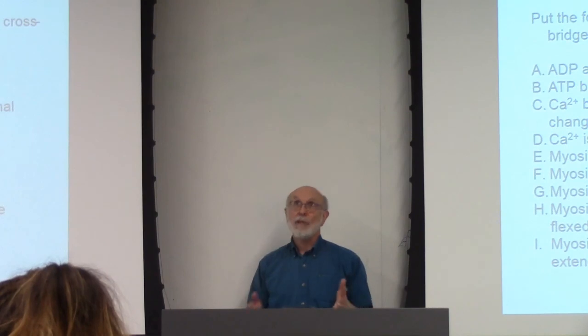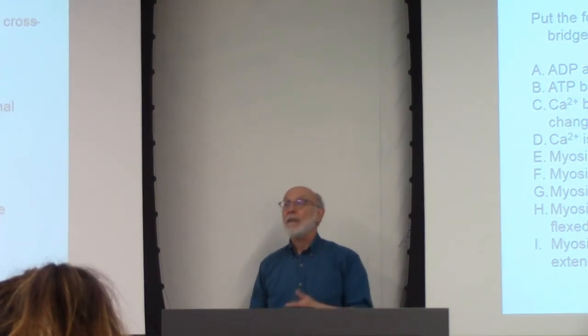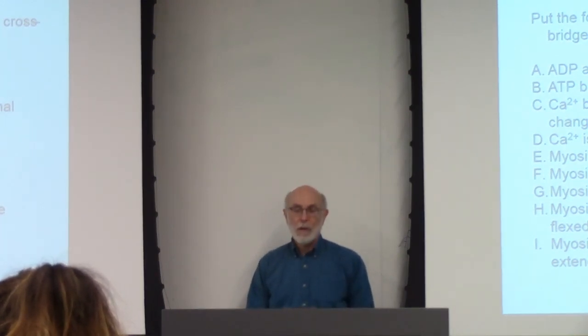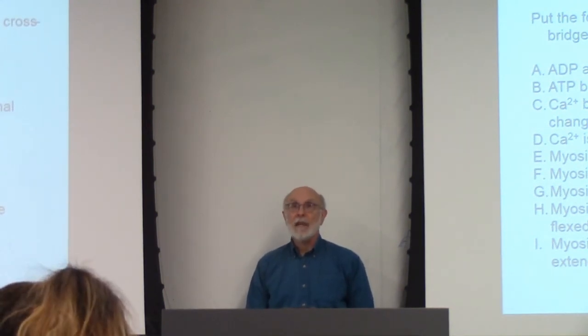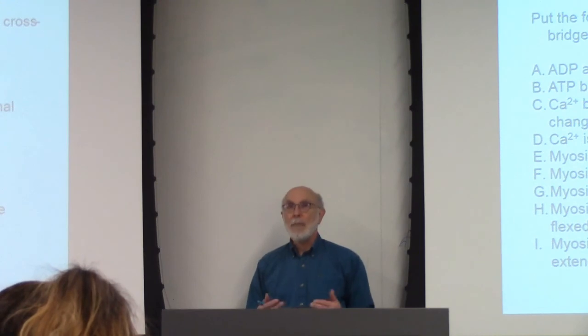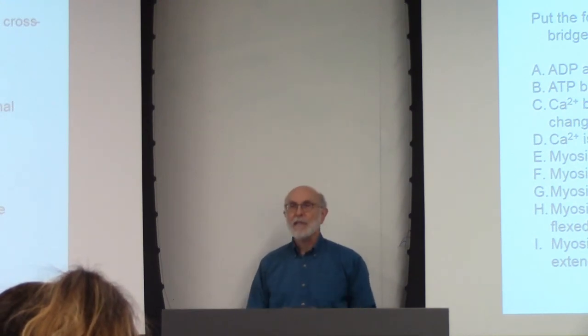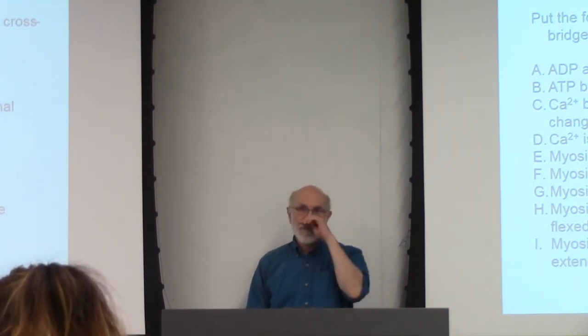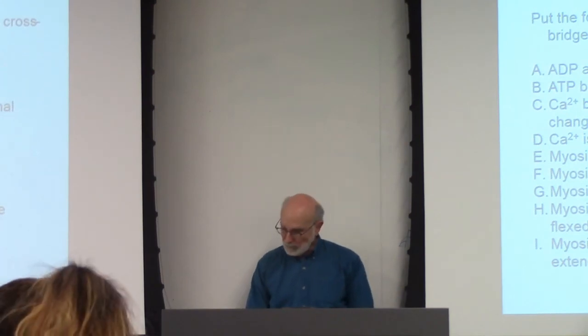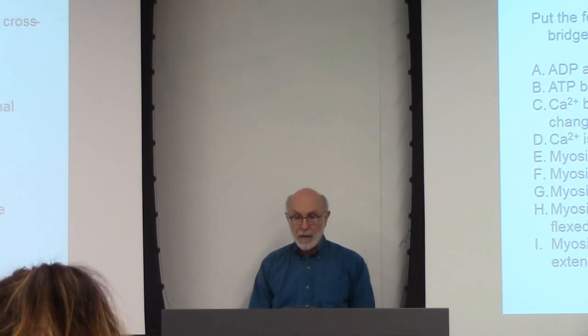If you learned in Self-IS that it's ADP and then phosphate, that's true, that's the evidence. But the point is they both dissociate, and that dissociation is associated with the power stroke. Okay, we've gone through H. Myosin undergoes a conformational change.